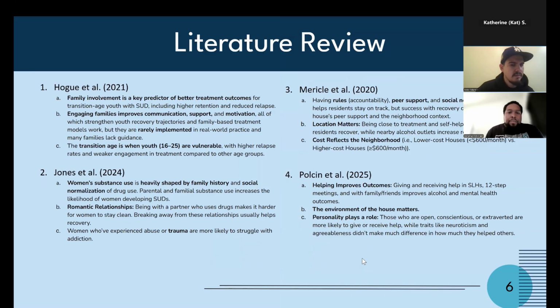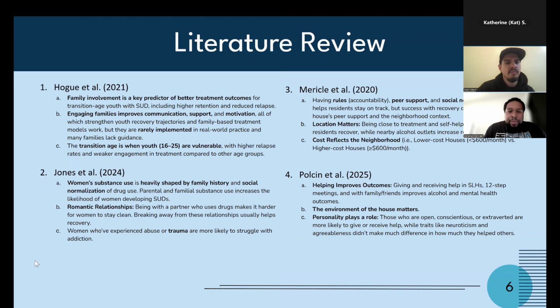Okay. So for some of the literature review we did, on this particular slide, we picked a few good points from a few articles. Family involvement is a key predictor of better treatment outcomes for transition age youth with substance use disorder, including higher retention and reduced relapse.